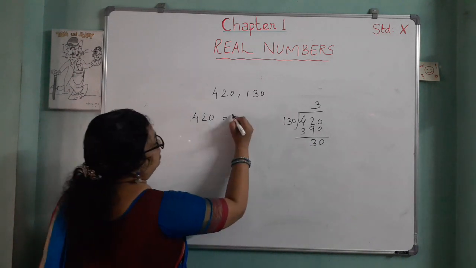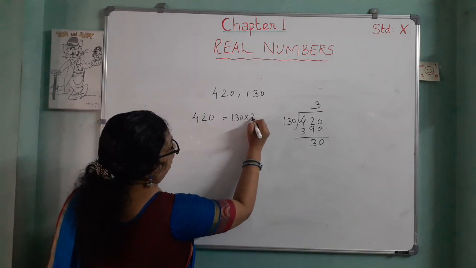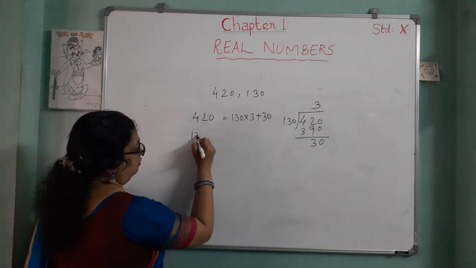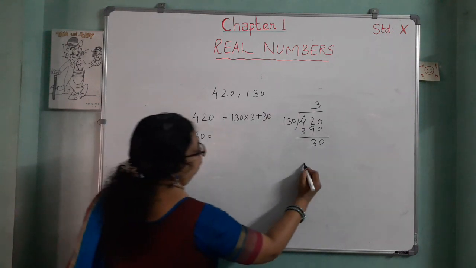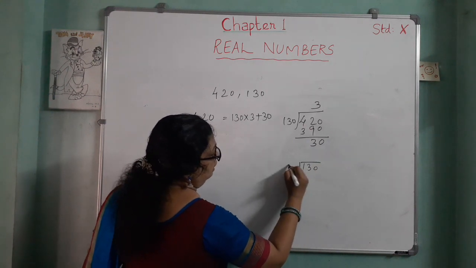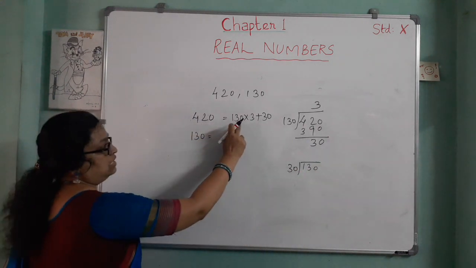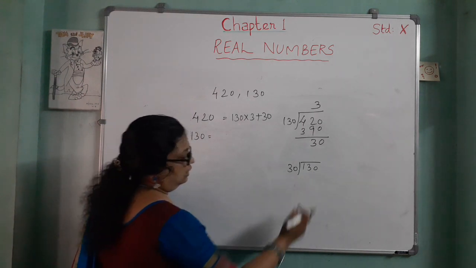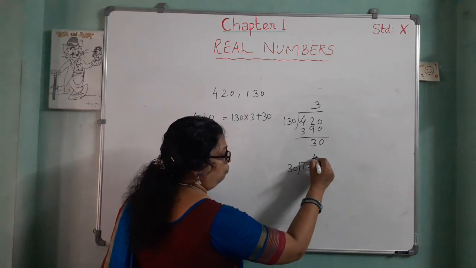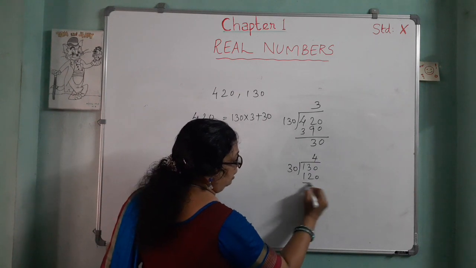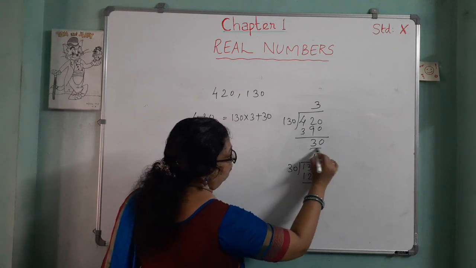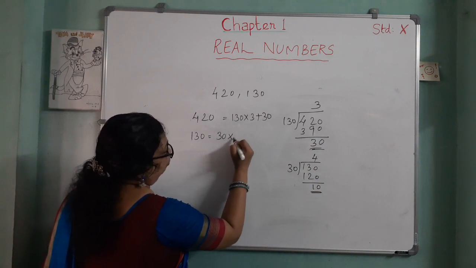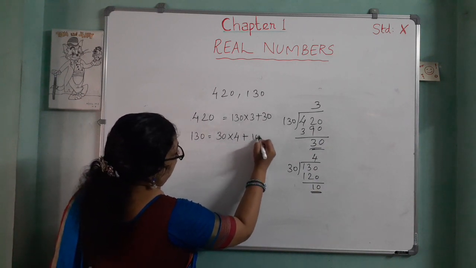So we can write 420 equal to 130 into 3 plus 30. Next we divide the divisor 130 by the remainder 30. How many times? 4 times 30 is 120 and the remainder is 10. So we can write 130 equal to 30 into 4 plus 10.